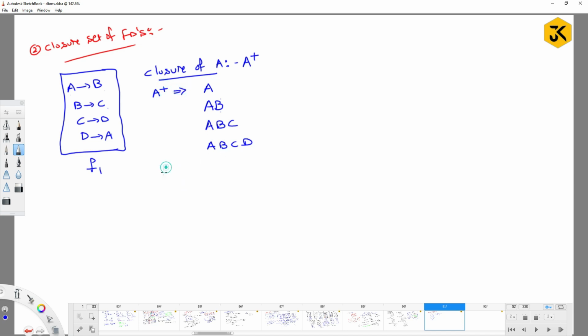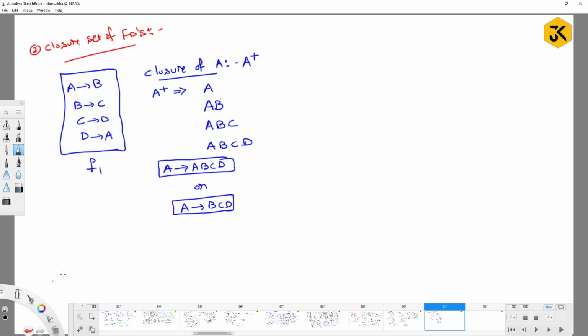The meaning is A functionally determines A, B, C, or A determines B, C, D. Can I write like this? According to the rule of decomposition, if I say that A determines C, D, then A determines C, or A determines D. So what is the meaning of this?